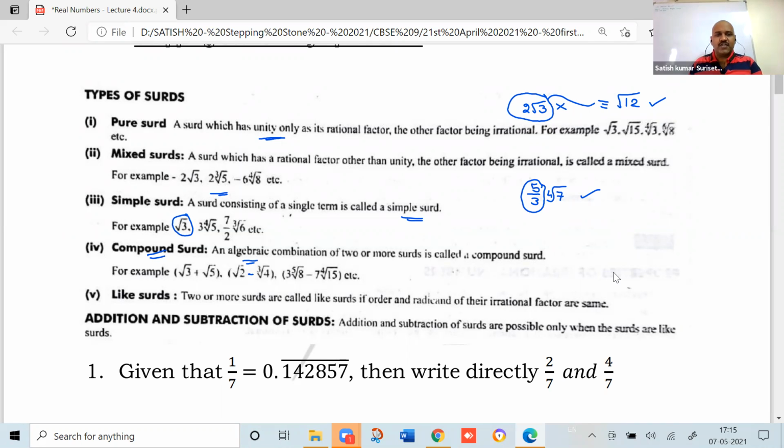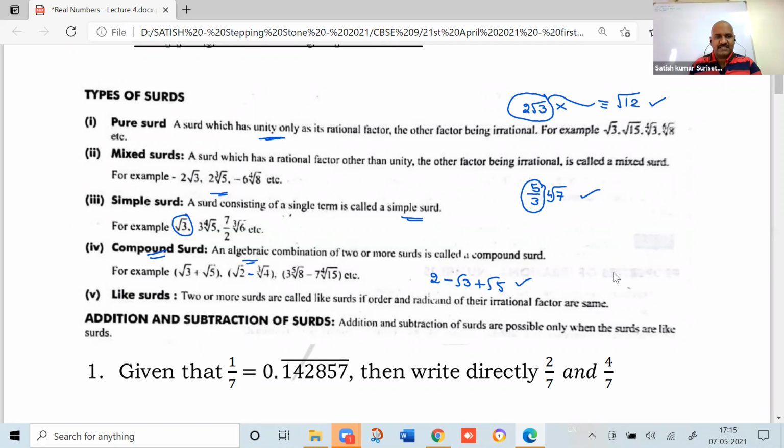It is not necessary to have only 2 terms; you can have more also. What about 2 minus root 3 plus root 5? Is it a compound surd or not? Yes, it is also a compound surd. It should have a combination of 2 or more surds.